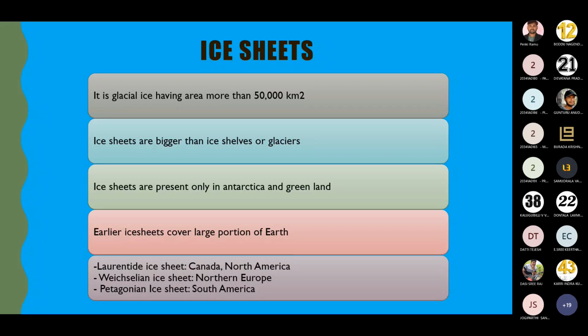Because of this global warming phenomena, whatever ice sheets that were present earlier have started melting. Now only they are present in Antarctica and Greenland regions. Some of the examples and names for ice sheets are given below the slides. So Laurentide ice sheet, Chilean ice sheet, Patagonian ice sheet, these are present in Europe and America.